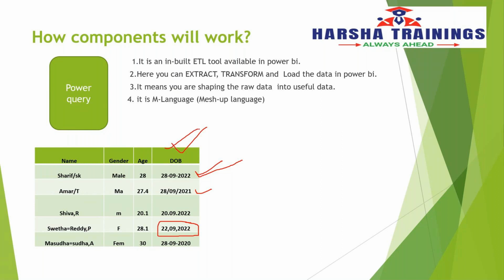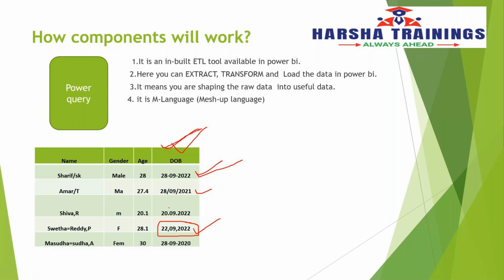How can I decide that? If I need to detect this data type, what do I have to do? When I do something with this number, either a slash or a hyphen, a date, then only can I detect this date column.